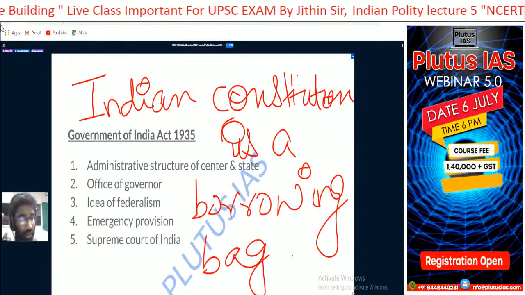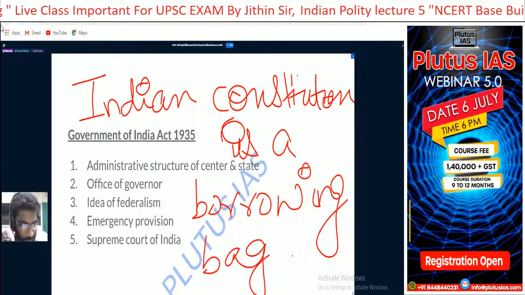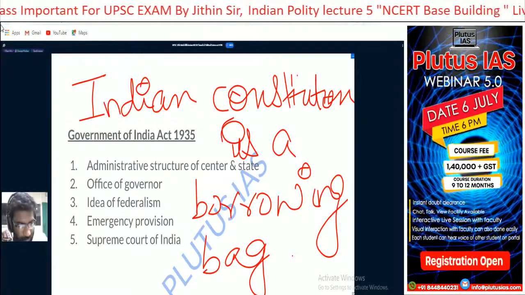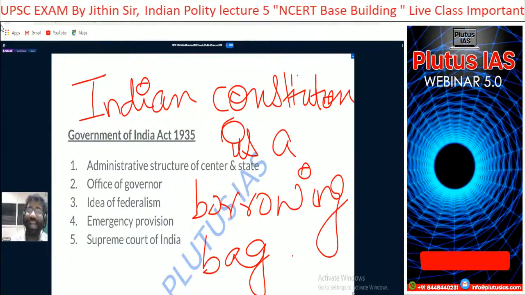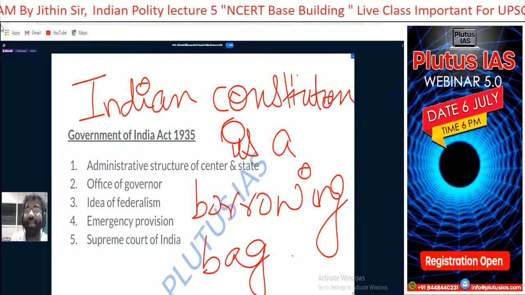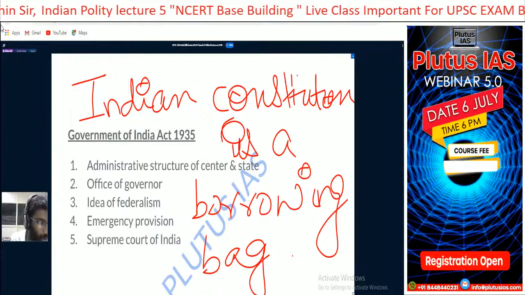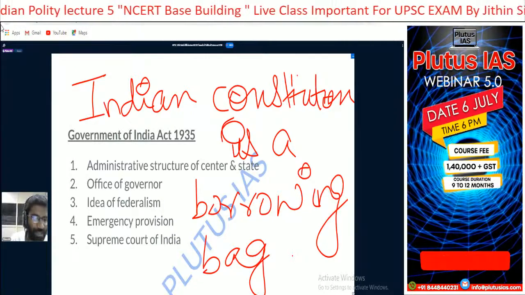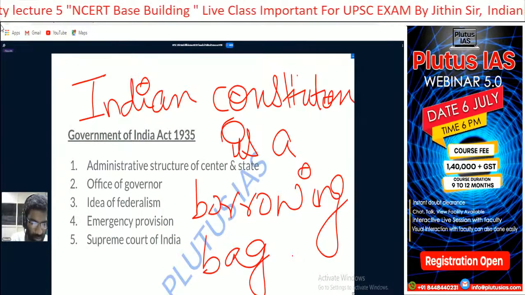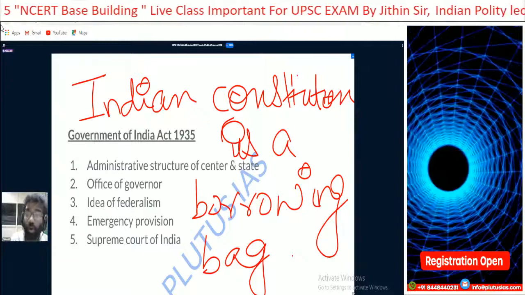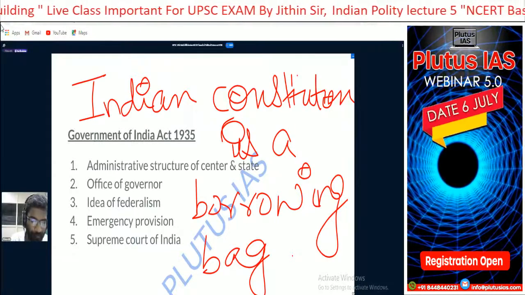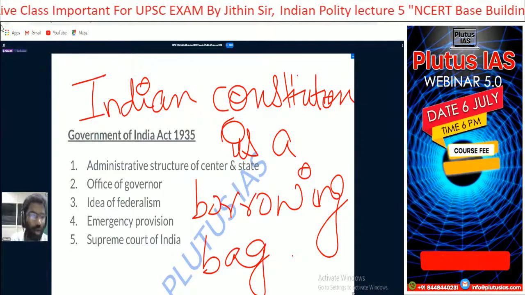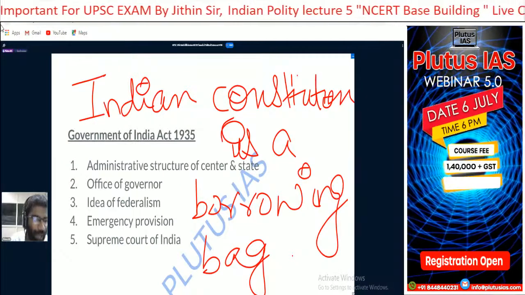See, write down a statement. The Indian Constitution cannot be termed as a borrowing bag.